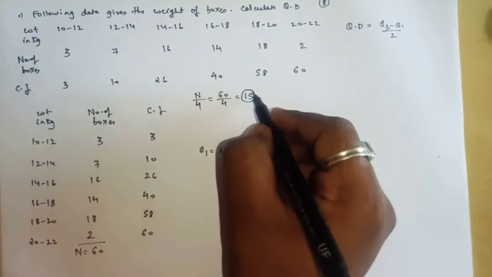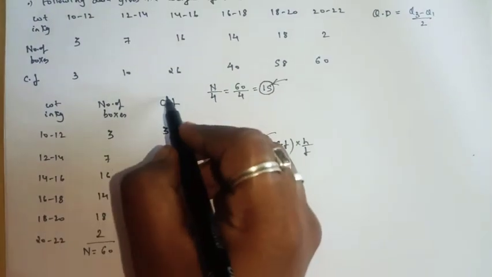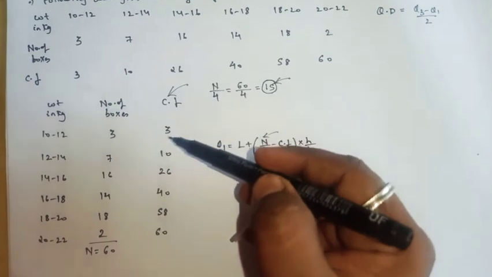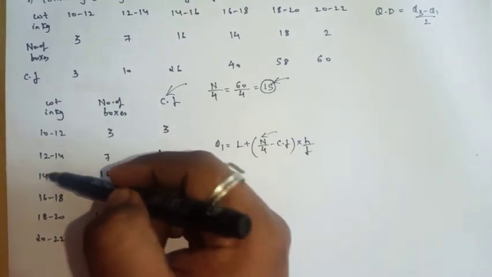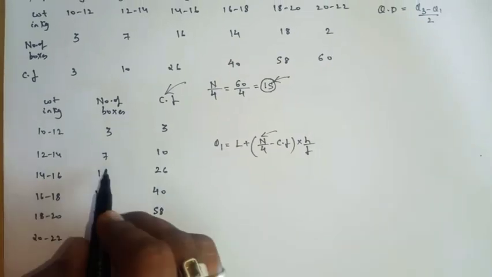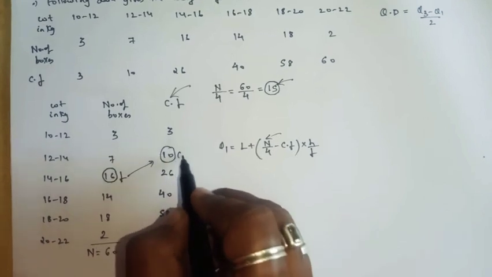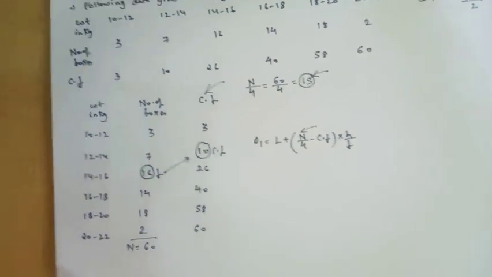After this you take this 15 and see in the cumulative frequency where 15 lies. Clearly we can see that 15 lies in the third row. So in the third row, this will be F, in the cross this will be CF.